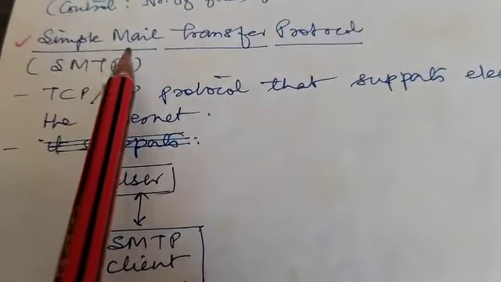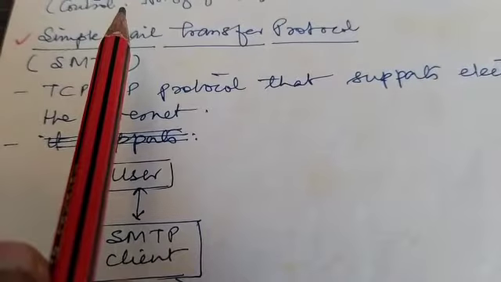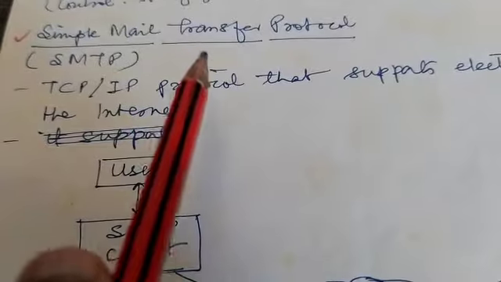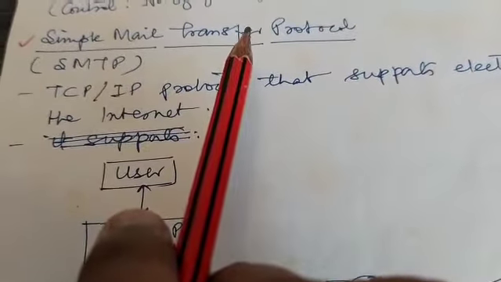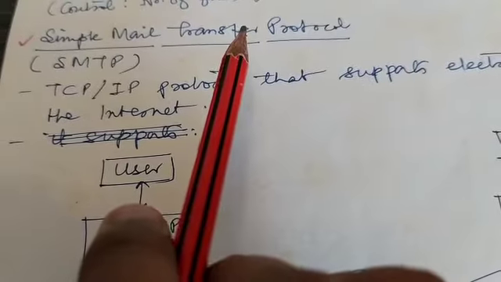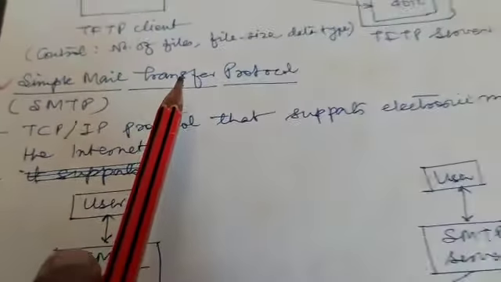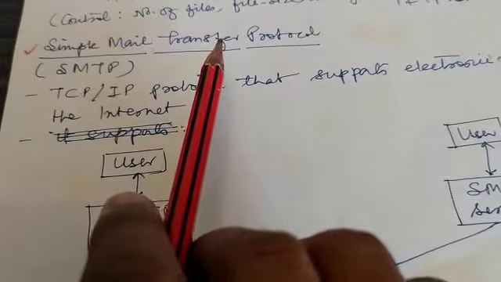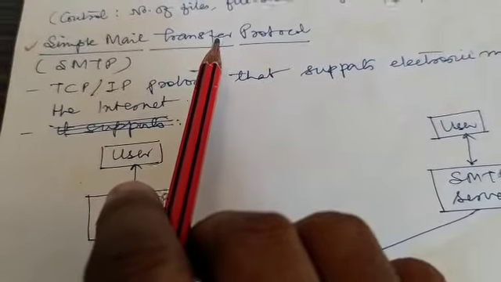So we can say that this is a protocol which is used basically for mailing purpose, that is for transferring the mails to the remote locations. So the objective is basically here to facilitate the process of email.